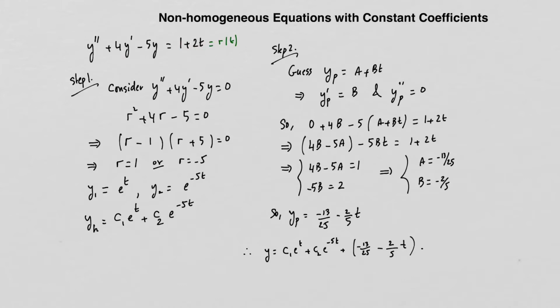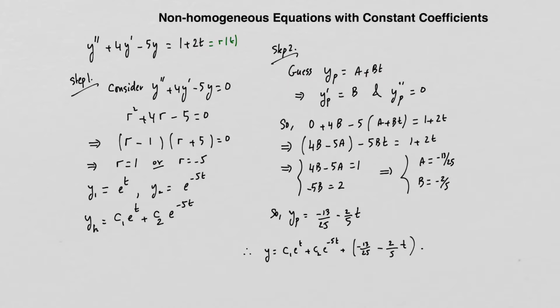So guess a function so that if you plug it in here, you get 1 plus 2t. Now, the right-hand side is a linear function. It is a polynomial. So clearly, we're not going to guess an exponential particular solution or a trig particular solution. We are going to guess some sort of a polynomial. Of course, we're going to begin with a linear polynomial, and hence this guess.